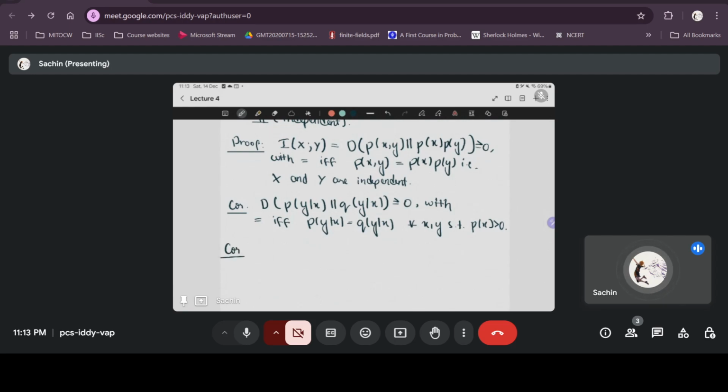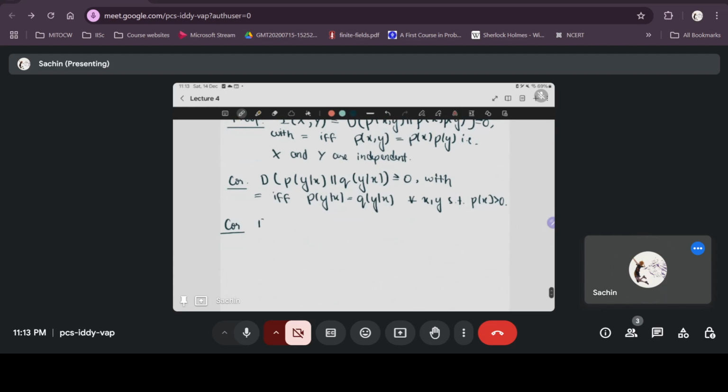And another corollary, you can extend it to conditional mutual information and say that that's also greater than or equal to 0, with the equality if and only if x and y are conditionally independent given z.